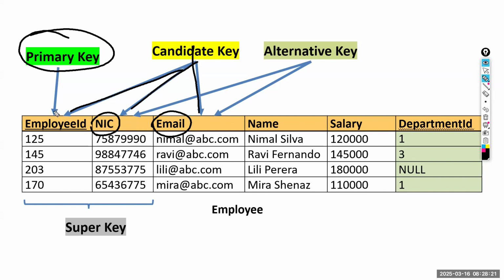So preferably we can generate the employee ID, but that is not a must. Once you pick the primary key, the other candidate keys become alternate keys. These are alternate keys, not primary keys.